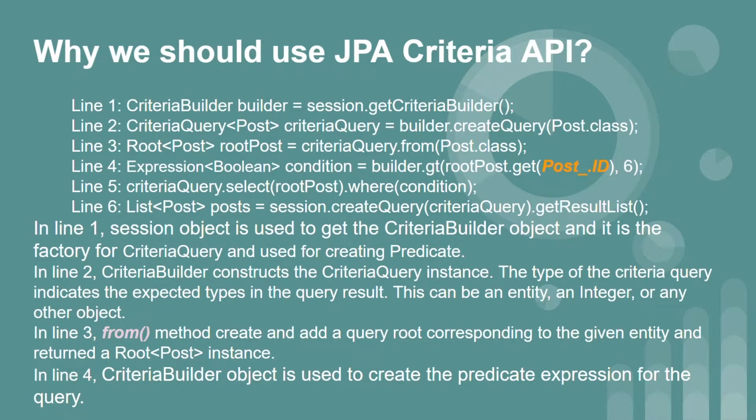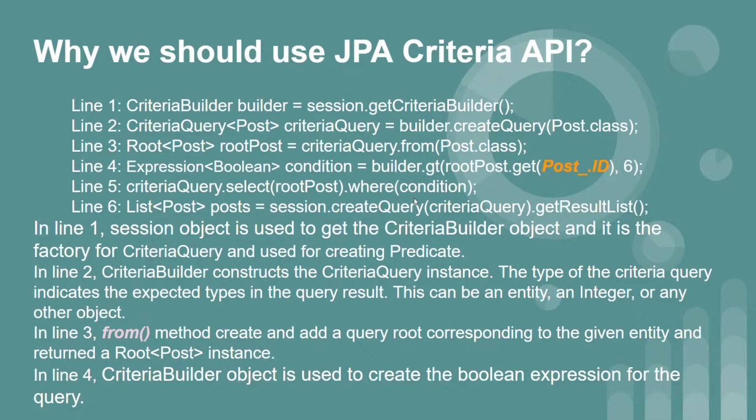In line 2, we are constructing the CriteriaQuery instance using the CriteriaBuilder object. The type of the CriteriaQuery indicates the expected type of the query result. This can be an entity, an integer, or any other object.